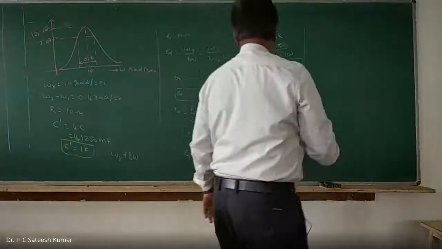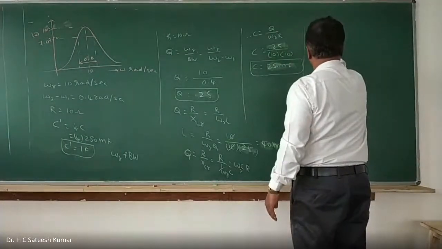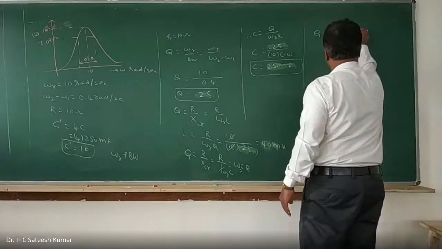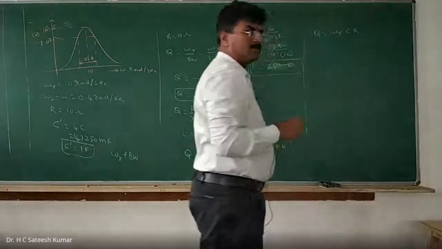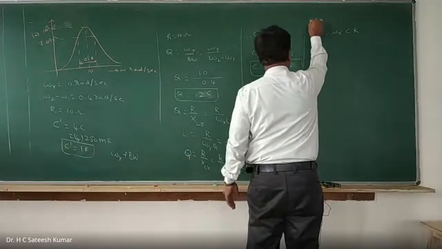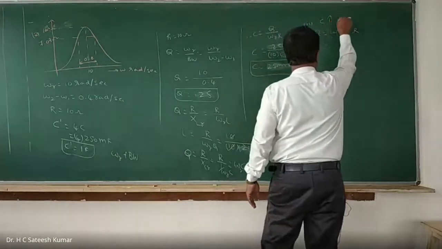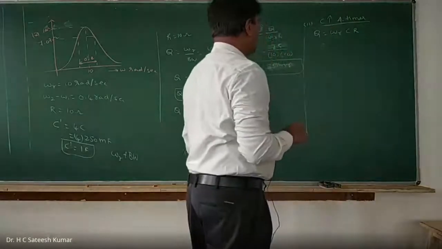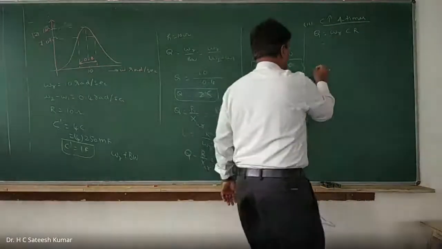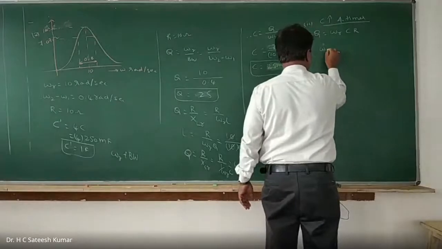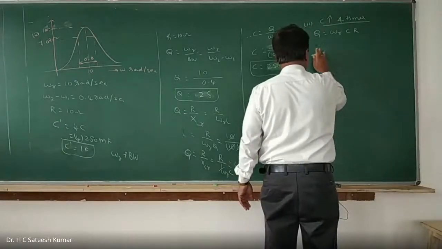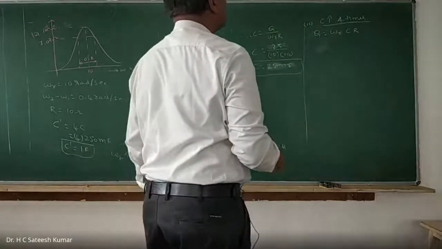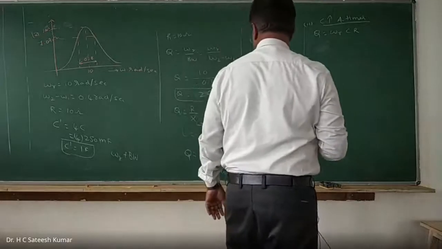Q is equal to omega r into C into R. Same formula, use it for the second part, where C is increased by a factor of 4.